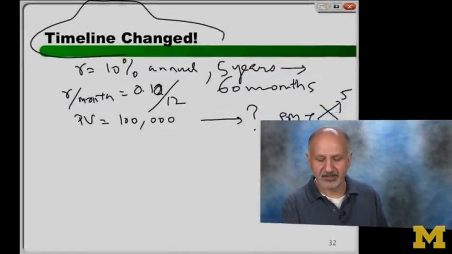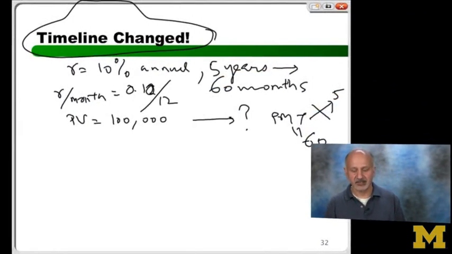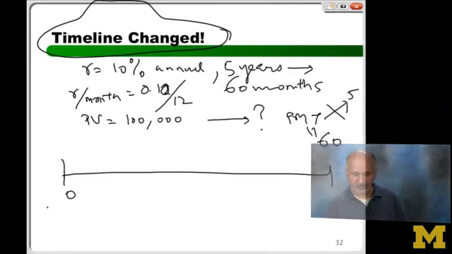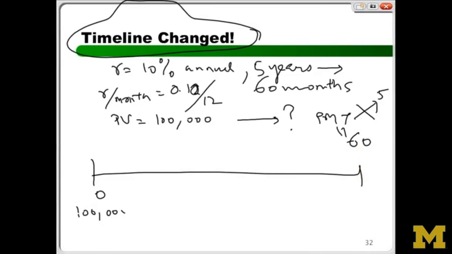So the best way to deal with this problem is to change the timeline. So do this. Start at 0, put 100,000. Then how many periods? 1 through 60. Why? Because I'm doing the problem monthly.